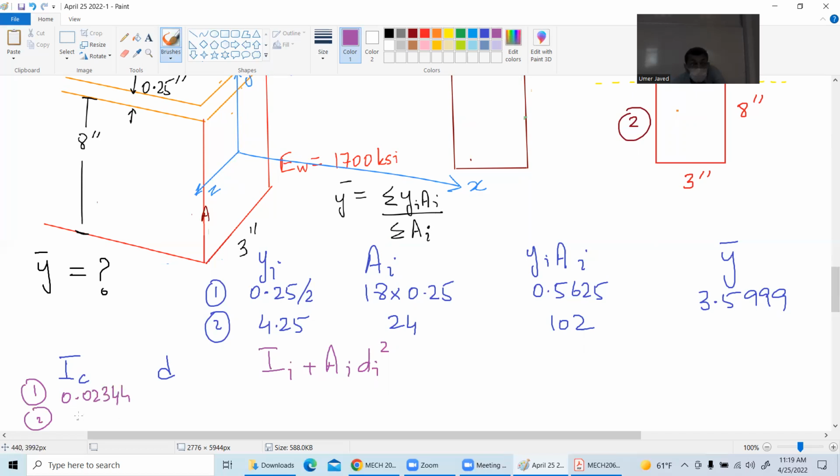This one will be 128. This one will be 3.4734. This one will be 0.6513. And this one will be 51.32. I'm going at sonic speeds, but you can stop me. 138.2. And the combination of them will give me, by addition, 189.5 inch to the power 4.